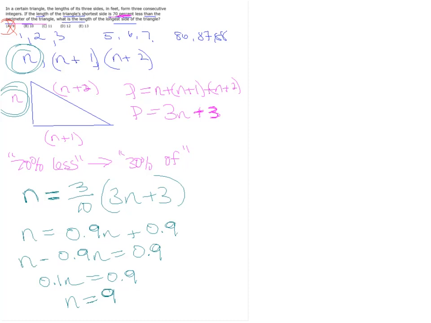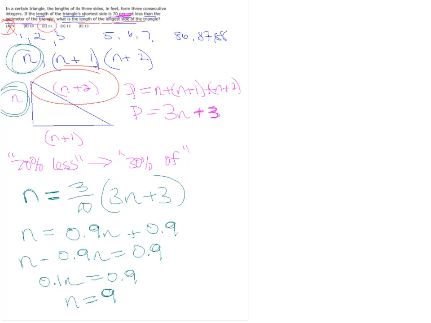You have to make sure the answer you're picking is actually what's being asked. We have the value of n, which is the length of the shortest side, but the question asks for the length of the longest side. The longest side was expressed as n plus 2, so the longest side is actually 11.